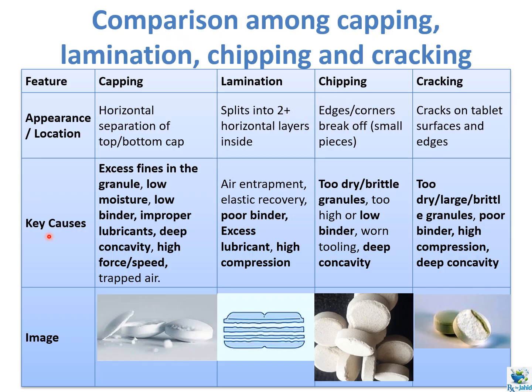And during chipping, the main causes were too dry or brittle granules, too high or low binder, worn tooling, and deep concavity. And during cracking, we can also see similar causes, for example, too dry, large or brittle granules, poor binder, high compression, deep concavity.